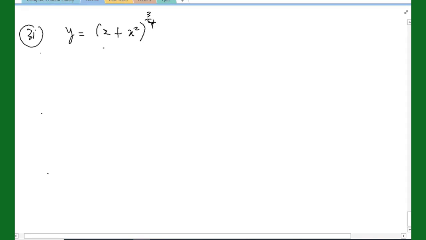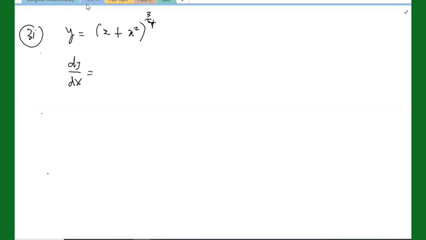So now using the power rule, from outer to inner. First thing, let's differentiate: write down dy/dx.